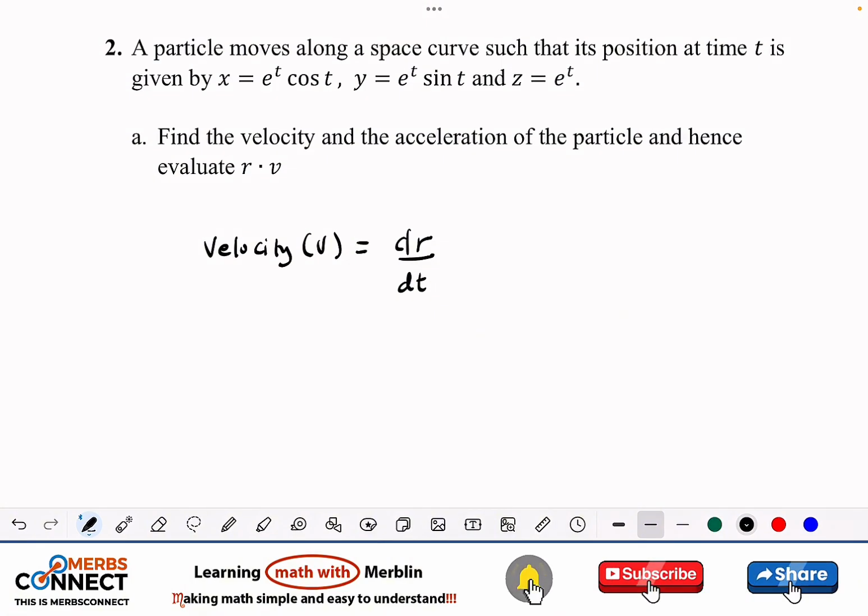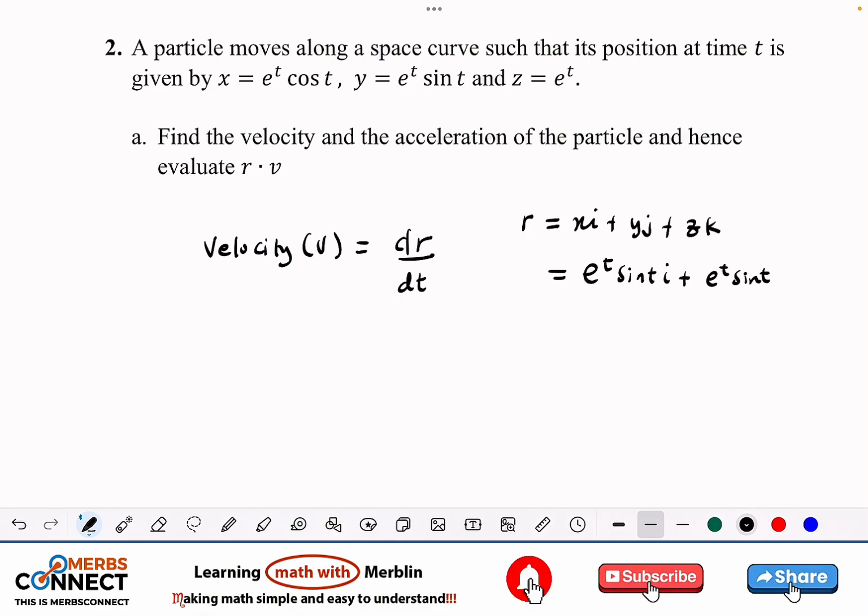But first we need to form r. r is xi plus yj plus zk. So this is going to give us e^t sin t i plus e^t cos t j plus e^t k. So this is my r.